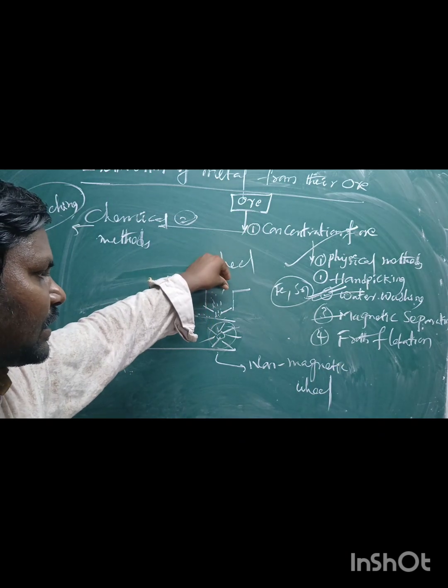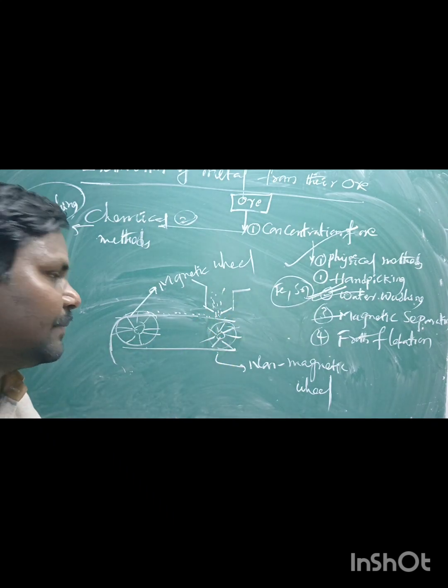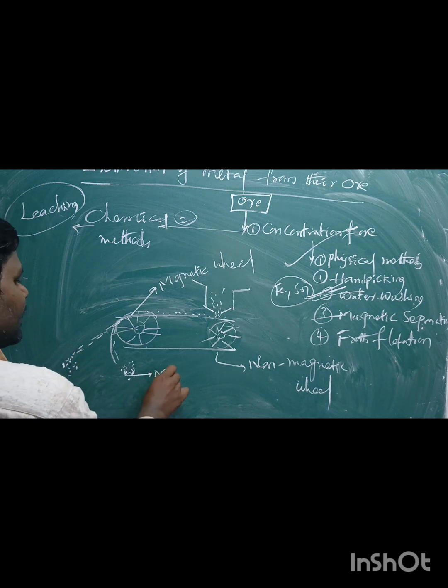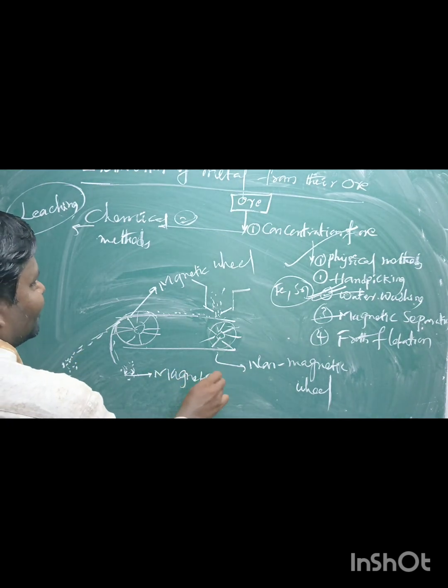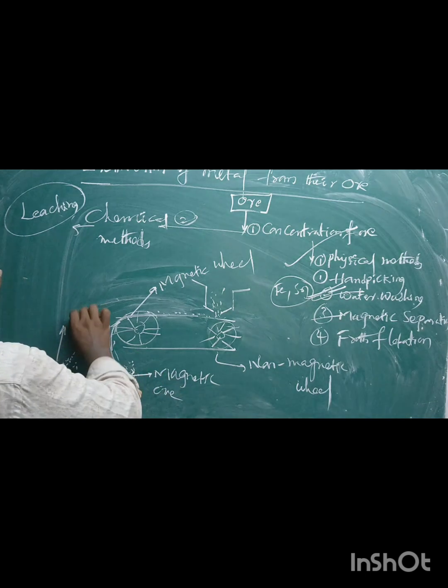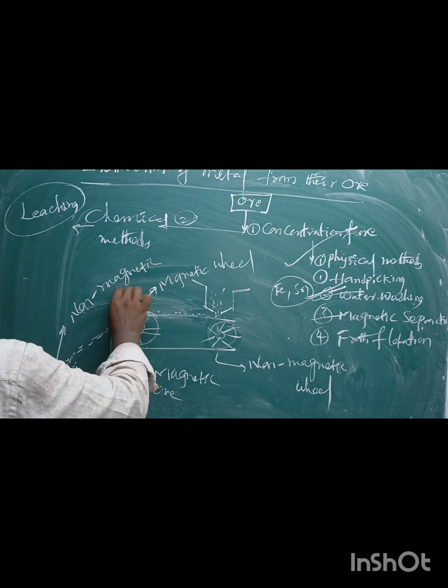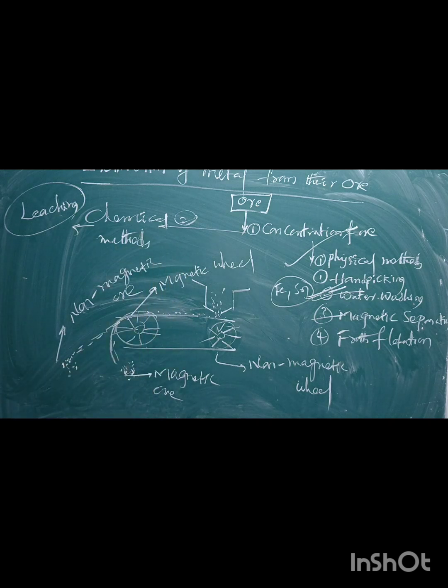When crushed ore particles are allowed to pass through the moving belt, some of the ore particles are attracted by the magnetic wheel. Some of the ore particles are away from the magnetic wheel. This is called magnetic ore. Non-magnetic ore means like sand and clay. In this process, we can separate the magnetic ore from impurities.